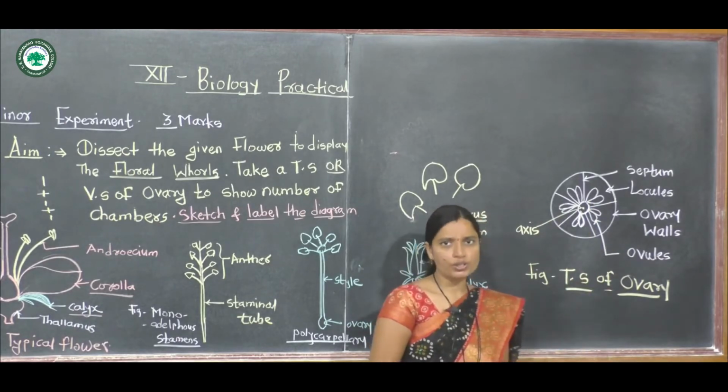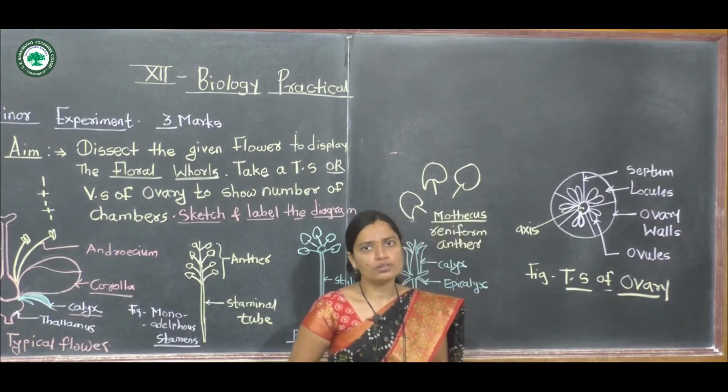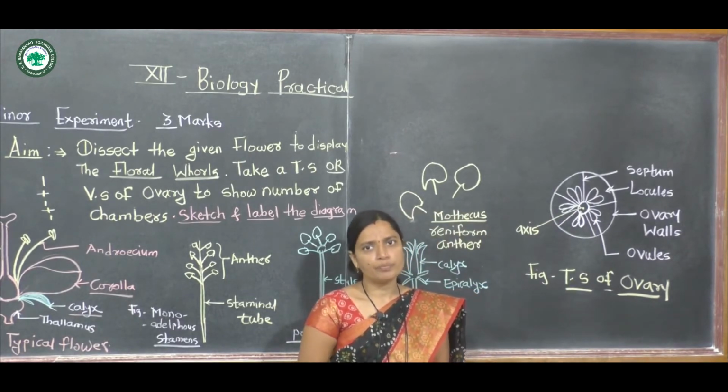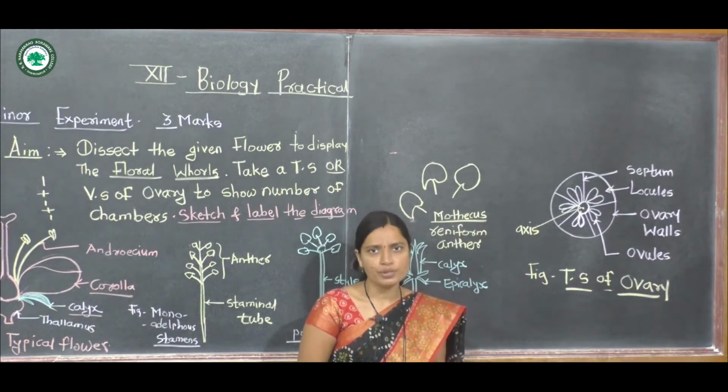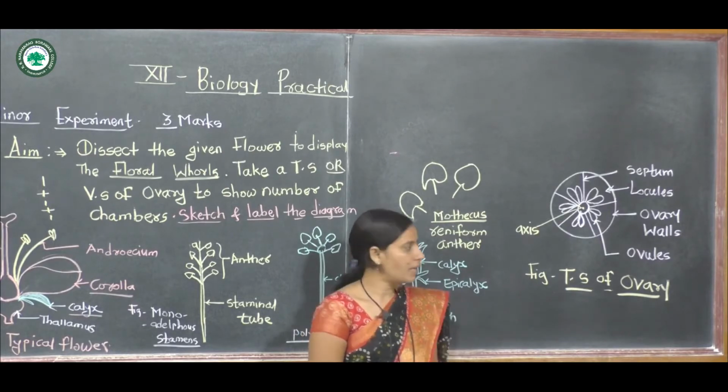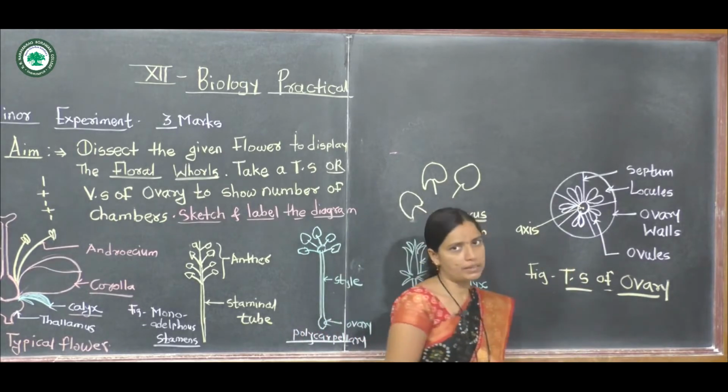Take a section of the ovary, and this section shows the various chambers, 5 chambers, pentacarpellary. Taking this section is 1 mark.